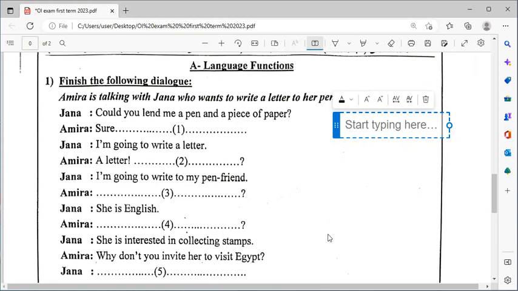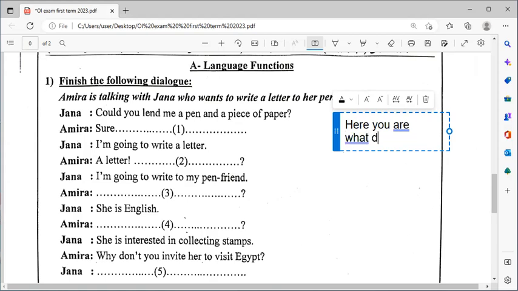Could you lend me a pen and a piece of paper? Sure. Here we can say, here you are. This is a suggestion. Or you can say, why do you want them? What do you want them for?